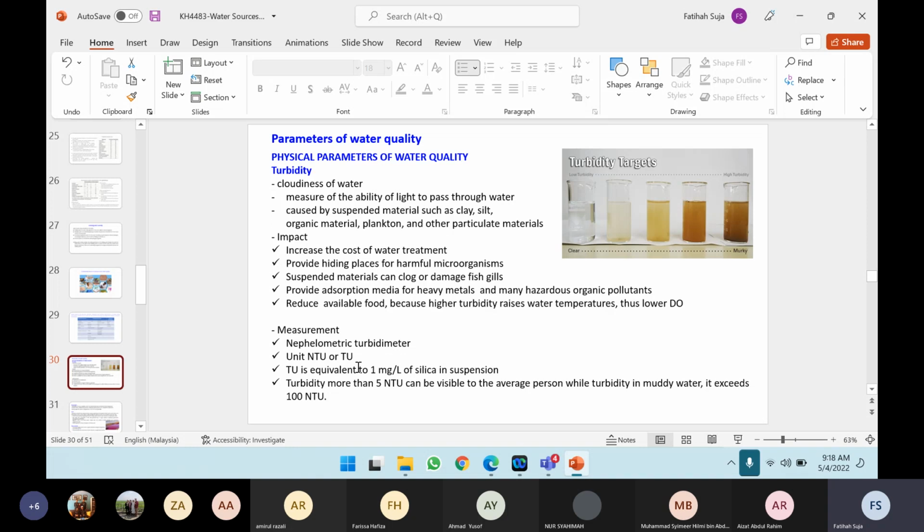If it is visible to the average person, it's 5 NTU. But if it is muddy water, then you know that the NTU exceeds 100 NTU. So this is the turbidity parameter.